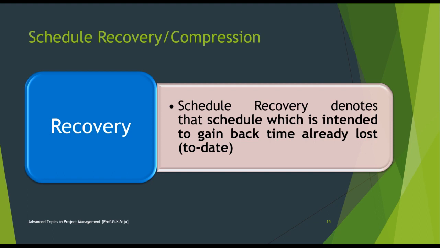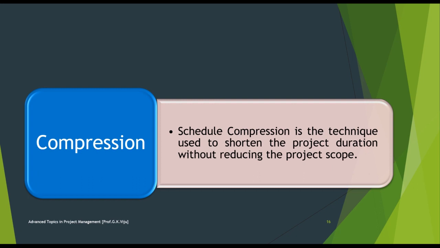The schedule recovery denotes the schedule which is intended to gain back time almost lost. Schedule compression is the technique used to shorten the project duration without reducing the project scope.